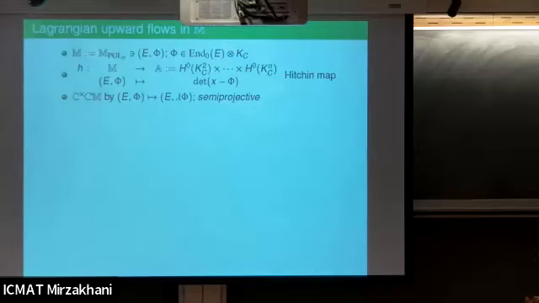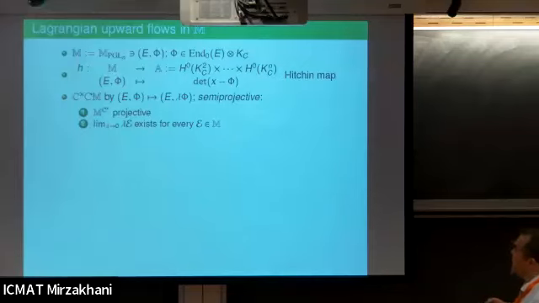As I mentioned, the moduli space is not projective, but somehow semi-projective, in the sense that the C-star orbits will not have a closure point at both ends, but at one end, when lambda goes to 0, they will have a closure point, and the fixed point set will be projective. So these two properties are what we mean by semi-projective: the limit point exists when lambda goes to 0. When I close down the C-star orbit at 0, that limit always exists, and the fixed point set is projective.